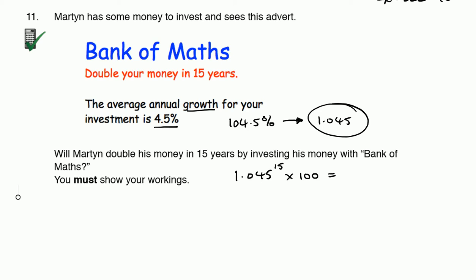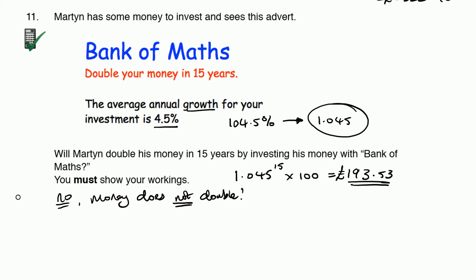So I'm going to go into my calculator, 1.045 to the power of 15. I'm going to times that by 100. And that's getting me £193.53. So, no, the money does not double. Now, maybe we would try this with a different amount of money.